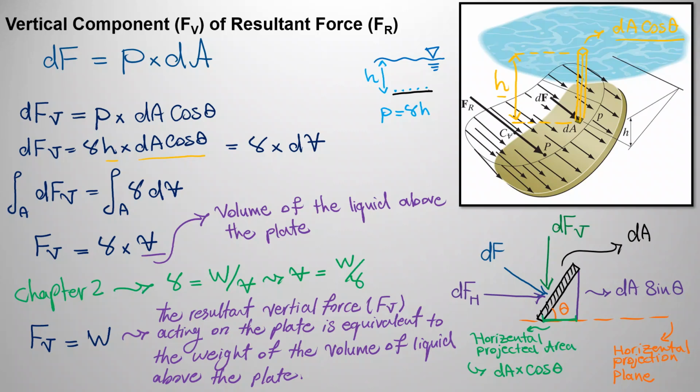So as for location, it acts through the centroid of the volume. Now that we found horizontal and vertical components of force, the magnitude of the resultant force can be easily calculated, and also its direction. We're going to talk about this in the next slide.